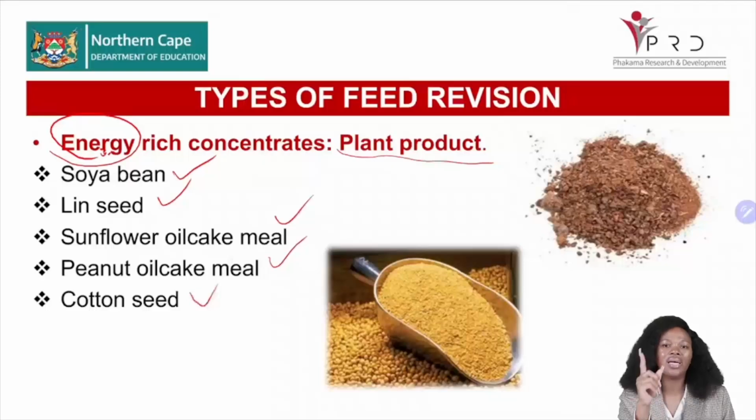But the moment a feed ends with either hay, stalk, straw, or plant, we are now referring to a roughage. A maize stalk is a roughage, a maize straw a roughage, a maize plant also a roughage, a maize hay is also a roughage, right? So there is a difference between a concentrate and a roughage. You must be able to identify these different types of feed in the examination.